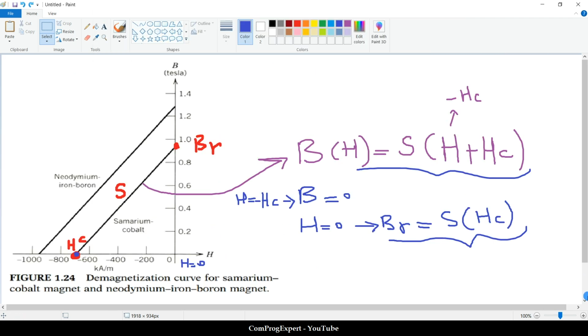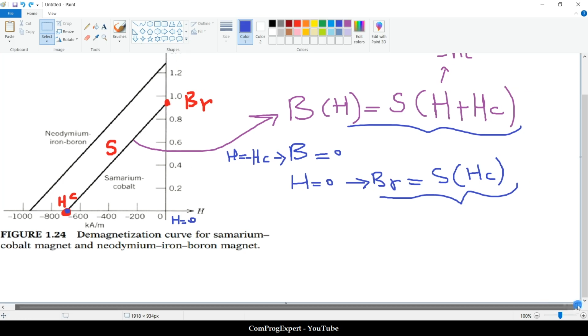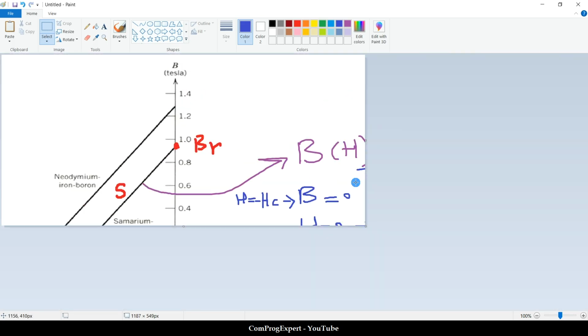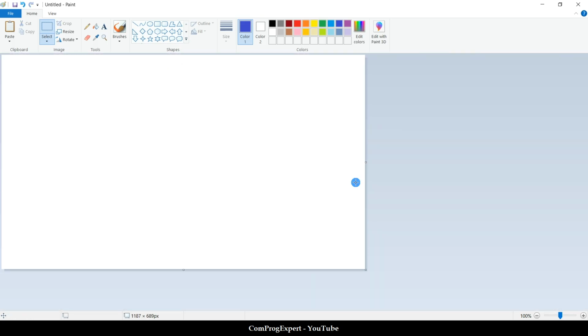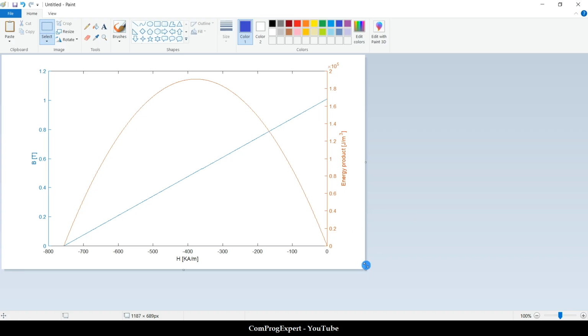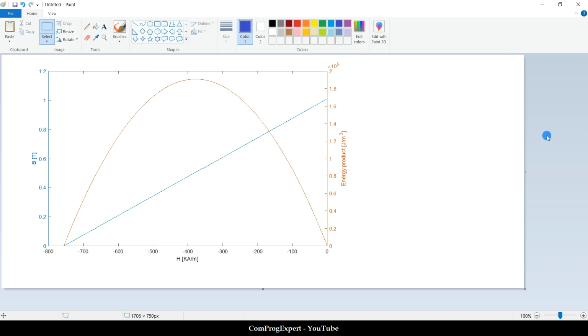So here we have these important numbers. Okay. Here you can see the value of the BR considering this axis, and this is the value of HC.